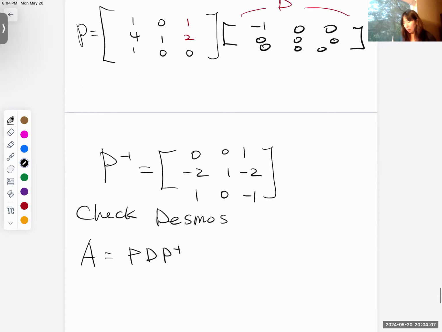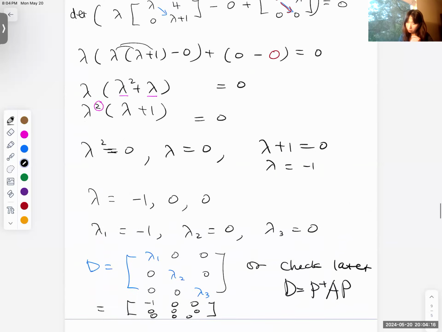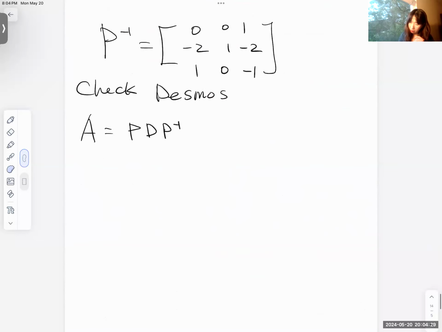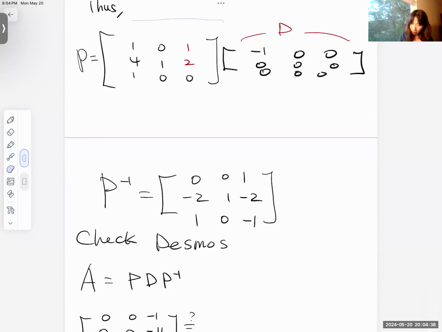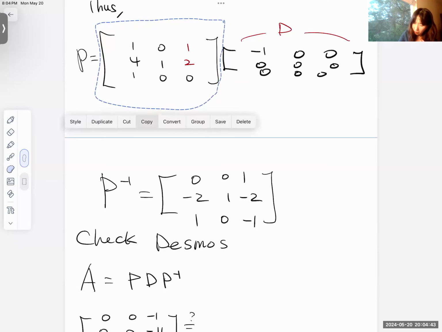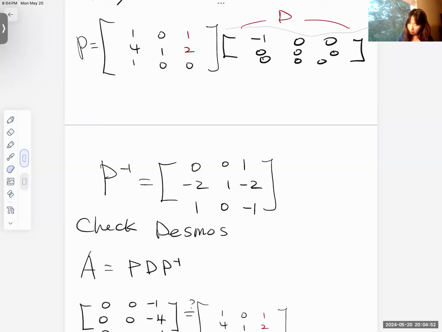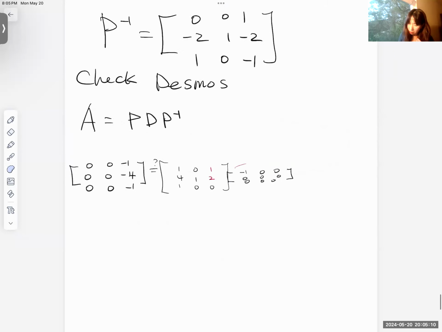So that is A. A equal to this. Copy. Then P, and D, and the inverse.